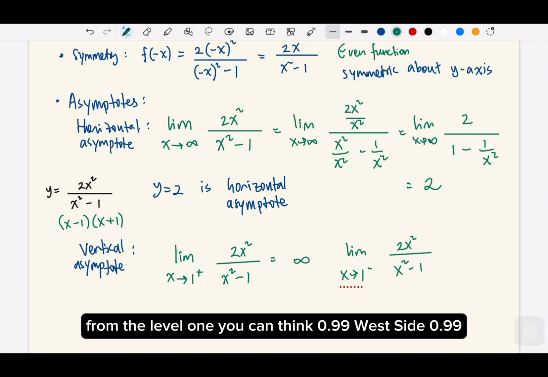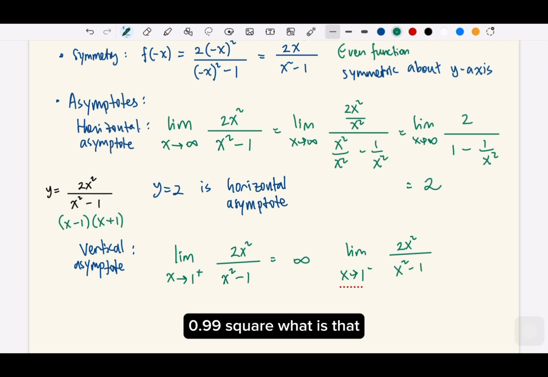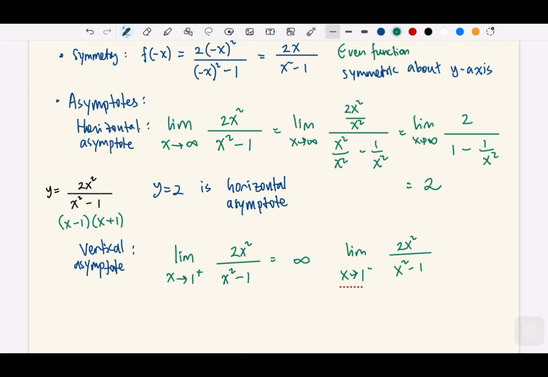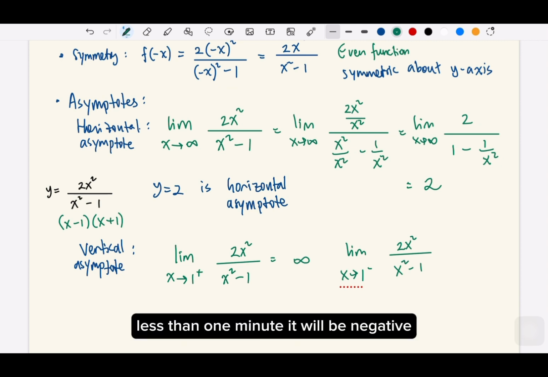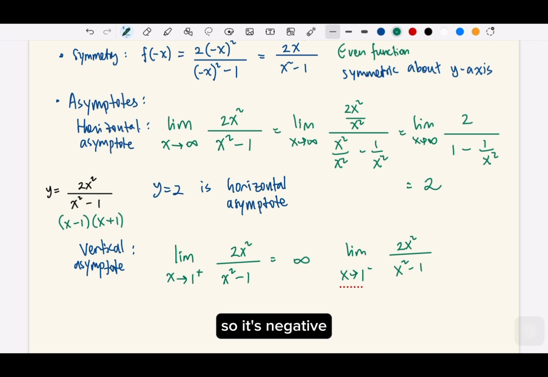Let's try 0.99. 0.99 squared, what is that? Will be less than 1, right? Yeah, less than 1, right? So it will be negative. So it's negative infinity. Okay. This will be negative infinity.